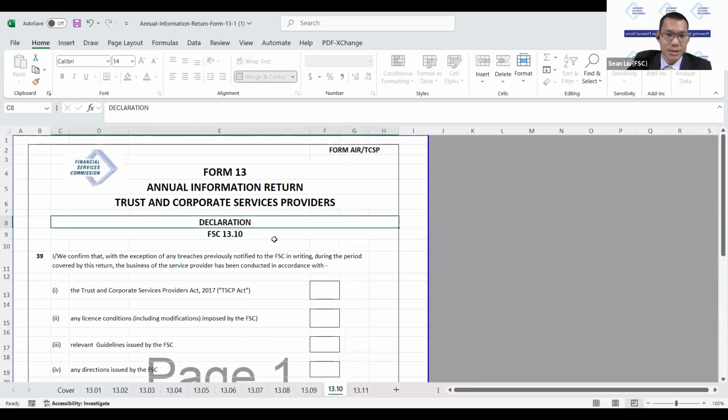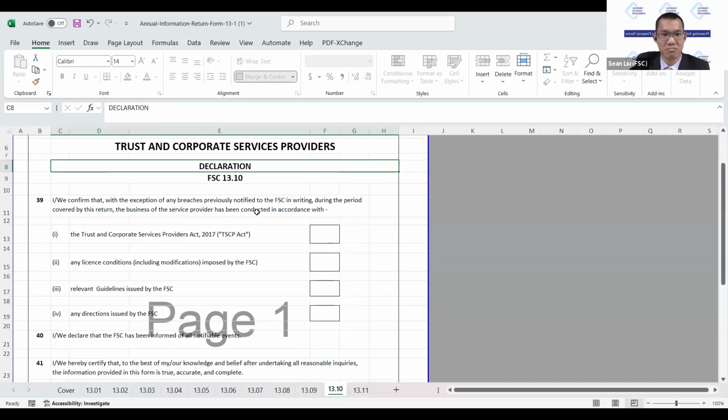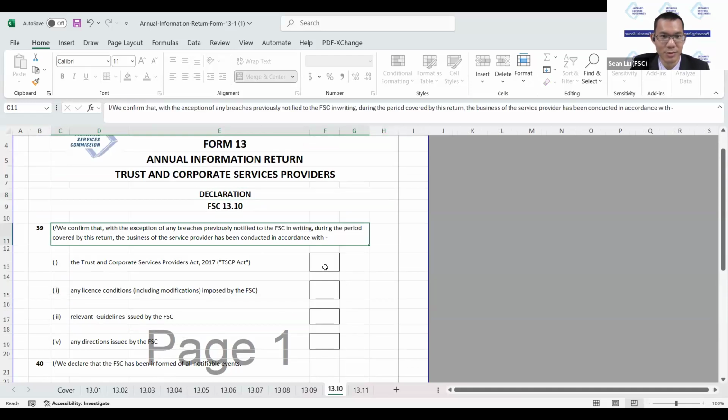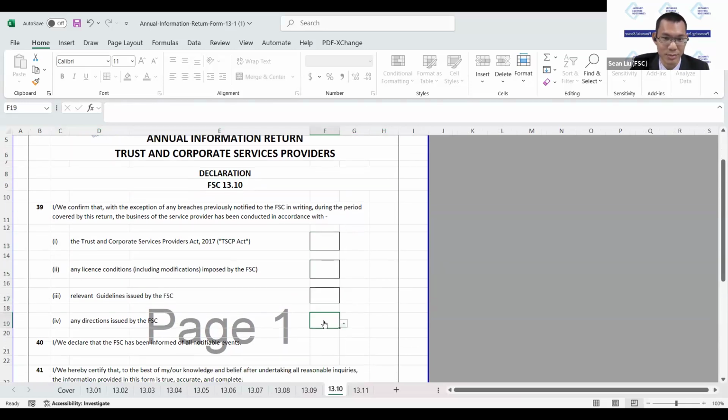Sheet 1310, the declaration sheet. It's just, as it says, self-explanatory. It just indicates whether or not the information is accurate and that business has been conducted in accordance with the TCSP Act, any relevant guidelines issued by the FSC, any directions issued by the FSC.